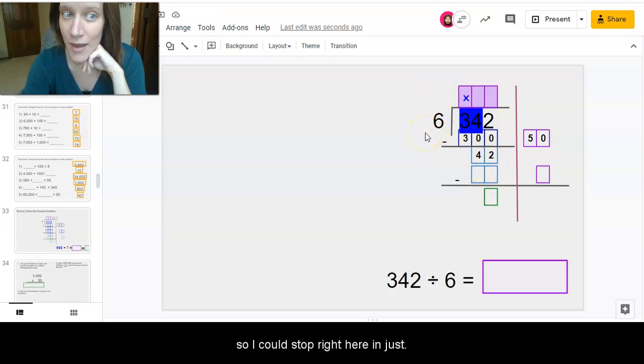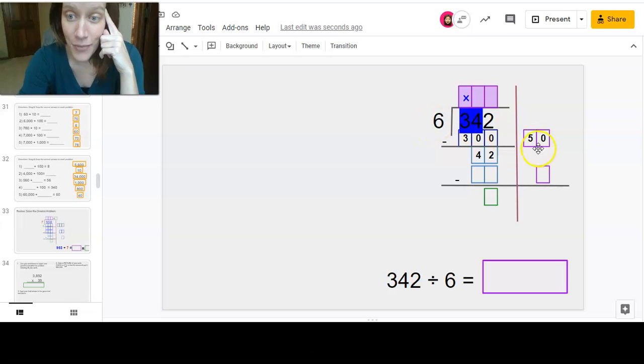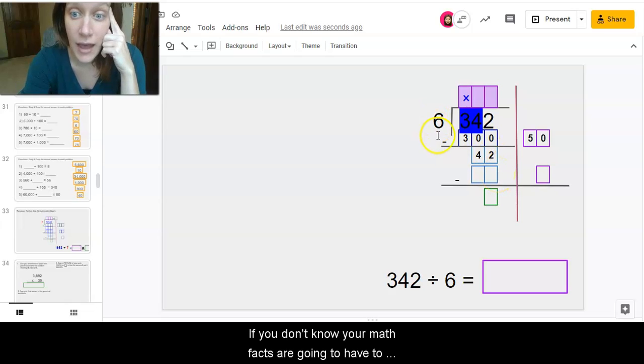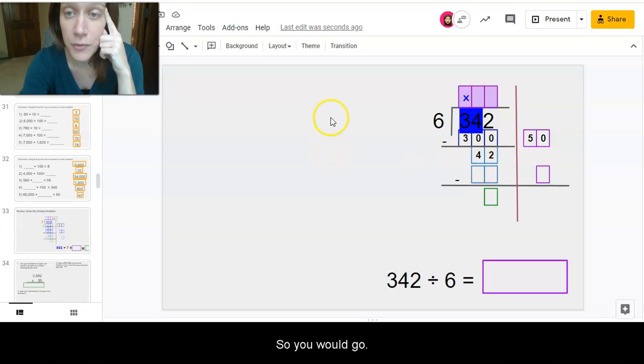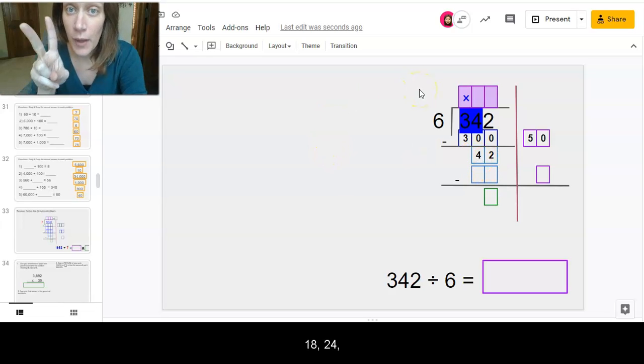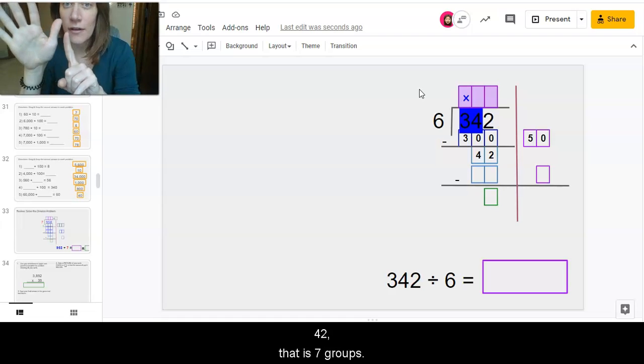Now I know my math facts, so I could stop right here and just say, oh, I know this. And I can put my 7 over here and subtract my 42. If you don't know your math facts, you're going to have to count by your divisor. You're going to have to count by 6s to see how many groups of 6 you can make from 42. So you would go 6, 12, 18, 24, 30, 36, 42.